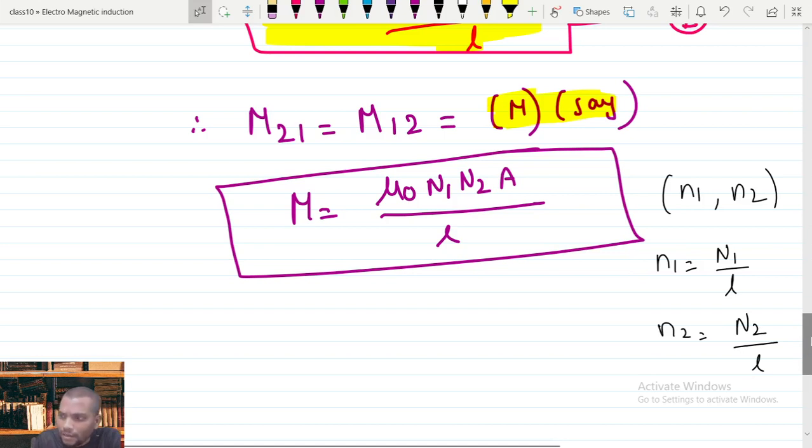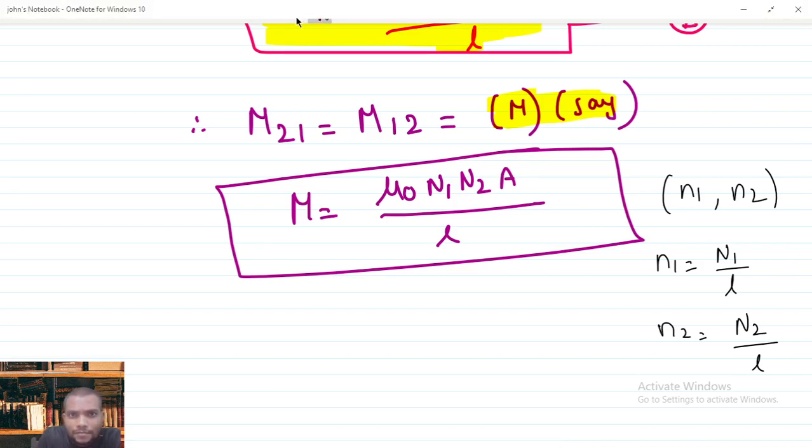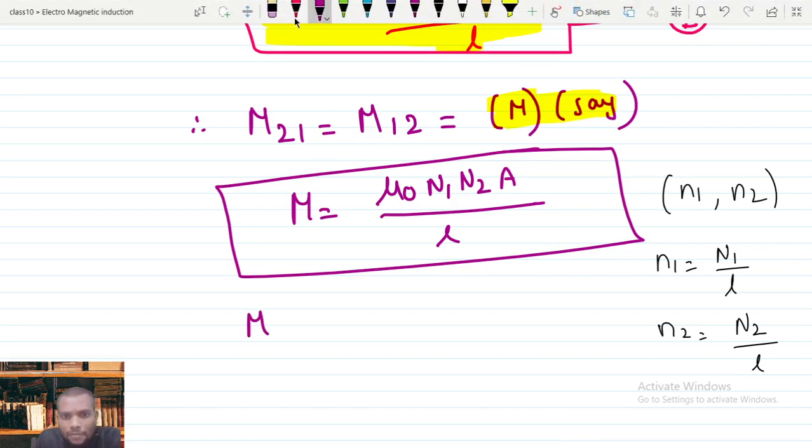If you want to rewrite this expression like this, the above expression will change as capital M, mutual inductance capital M equal to mu naught times little n1 and little n2 times A times L.